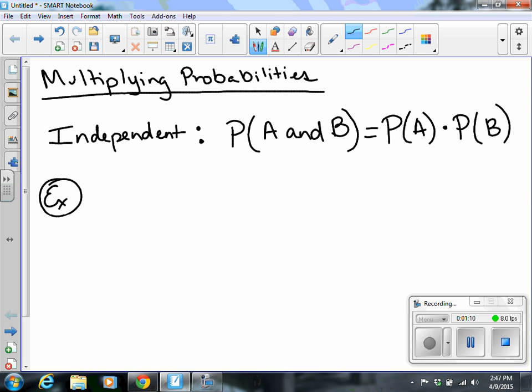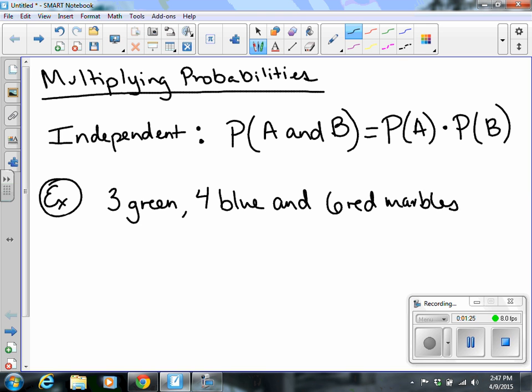So for instance, let's say that I had 3 green marbles, 4 blue, and 6 red. In order for this to be independent, you have to replace the marbles, because if I pull a marble out, it's going to affect my second choice.